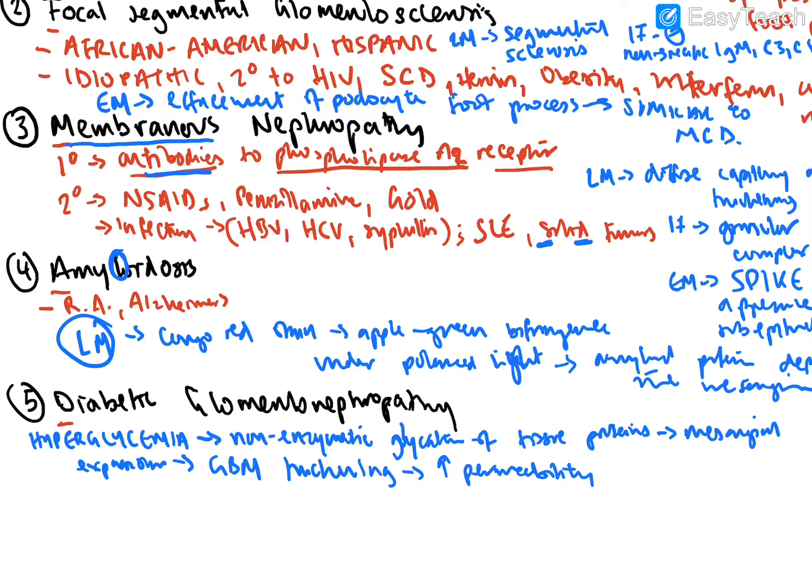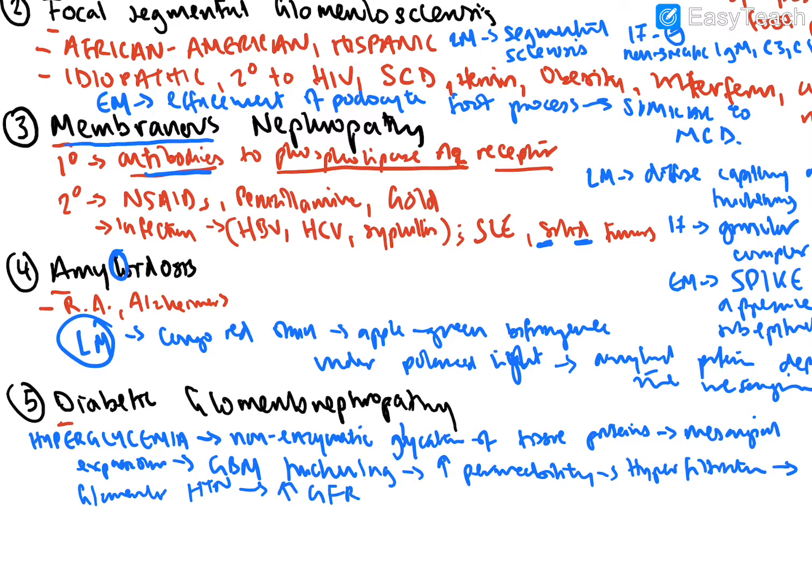Due to the increased permeability, you end up getting hyperfiltration. Because there's increased permeability, more fluid can go in and out. Hyperfiltration causes glomerular hypertension, and this can also cause increased glomerular filtration rate as well.